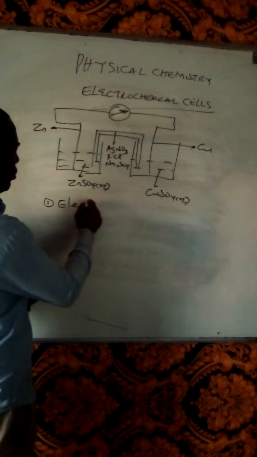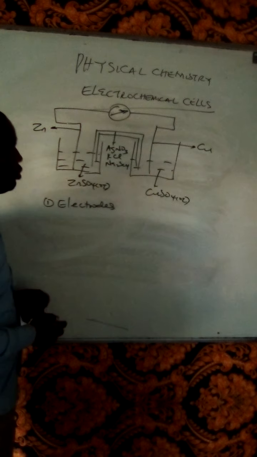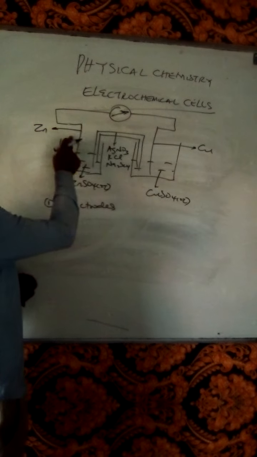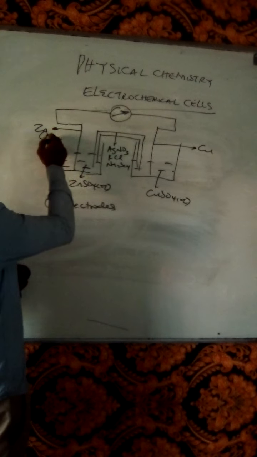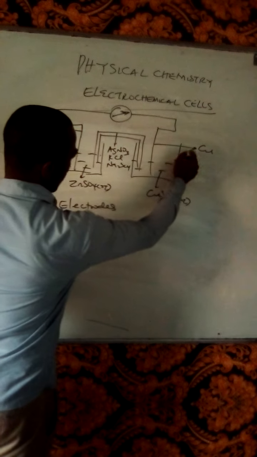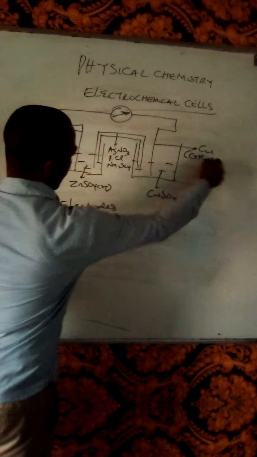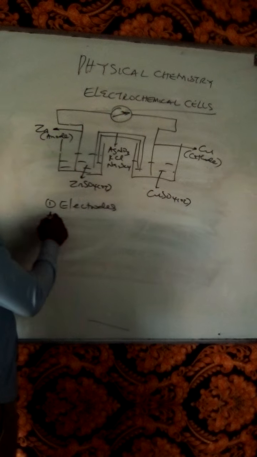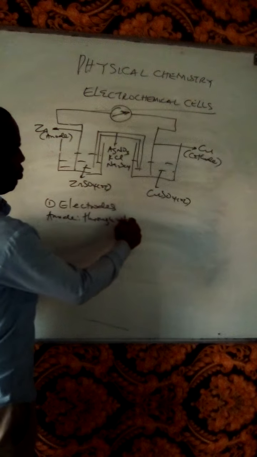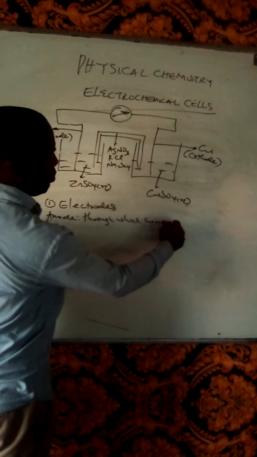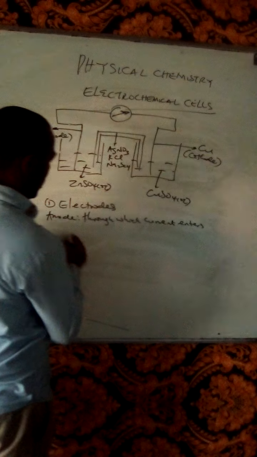So, what are the components of a simple electrochemical cell? The components include, one, electrodes. These metals, the zinc strip and the copper strip, are the electrodes. This electrode is called the anode, while this one is called the cathode. The anode is the electrode through which current enters the electrolyte.